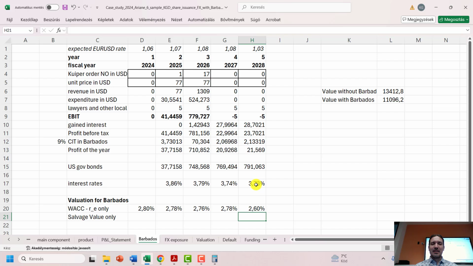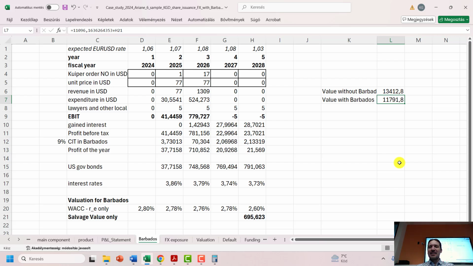So it's quite simple. Let's take this value and divide it by 1 plus the interest rate, and this will happen 5 years in the future. Okay, and now by recognizing Barbados's value, still we are under.